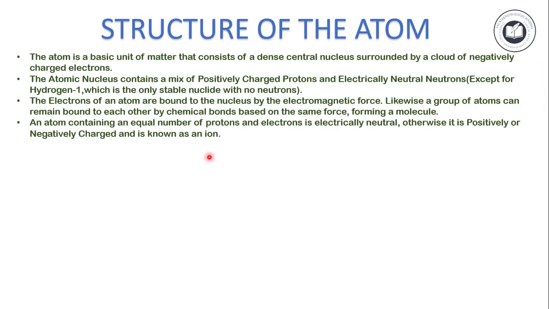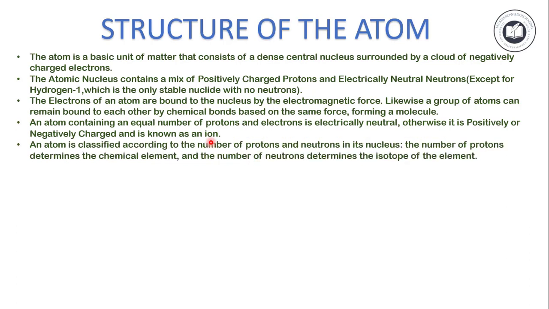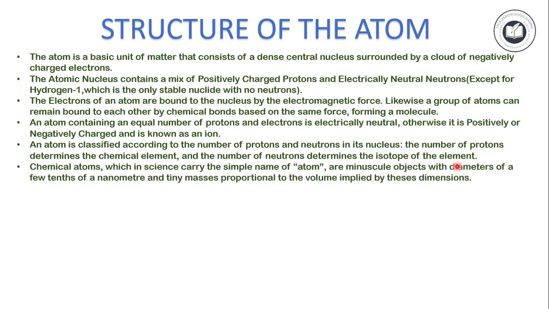An atom that contains an equal number of protons and electrons is electrically neutral. Otherwise, it is positively or negatively charged and is known as an ion. An atom is classified according to the number of protons and neutrons in its nucleus. The number of protons determines the chemical element and the number of neutrons determines the isotope of the element.